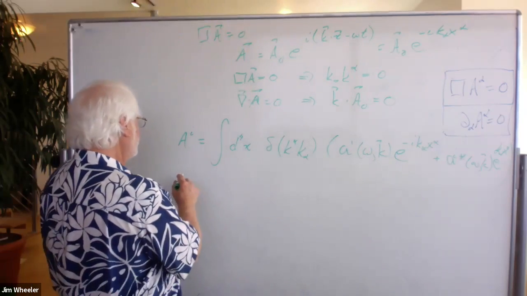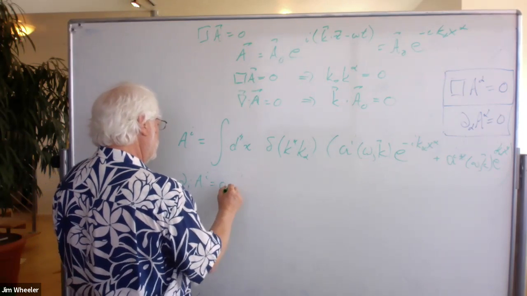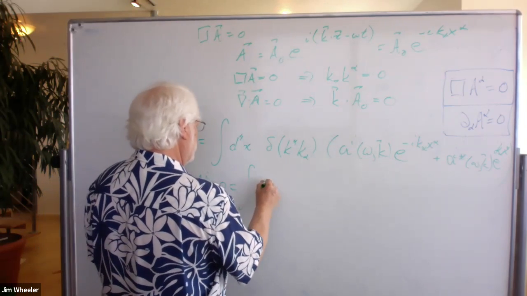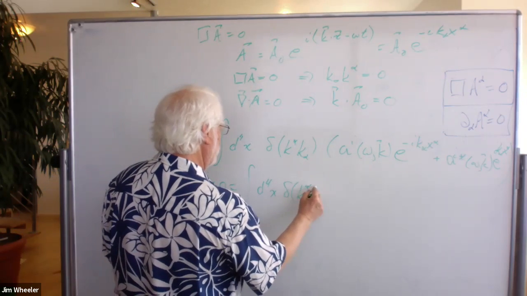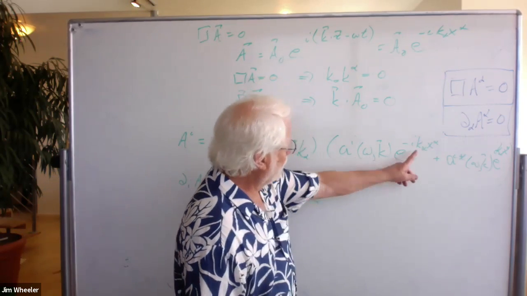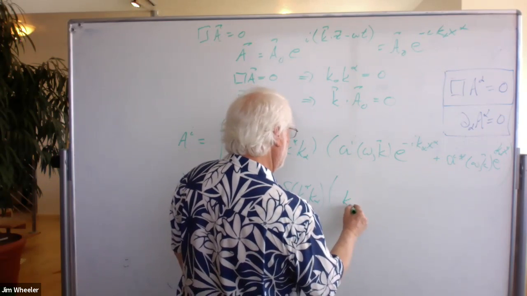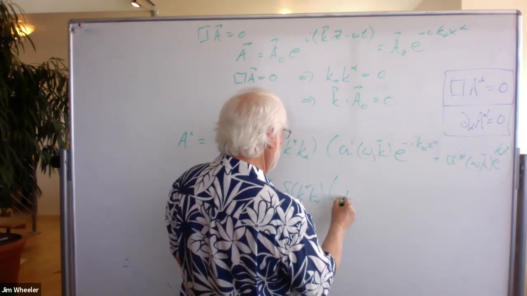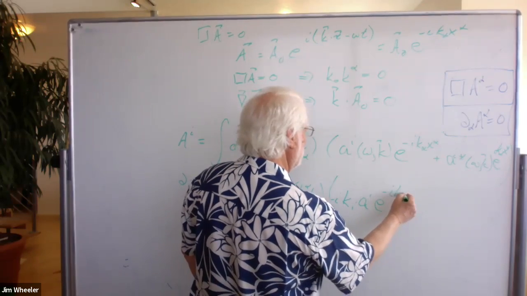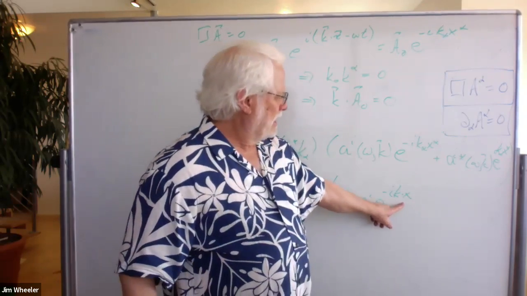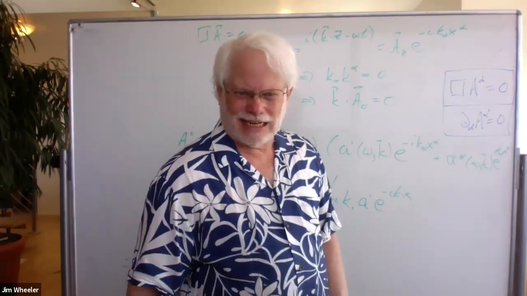And then we need the divergence condition. And what that's going to give us, d4x delta k_alpha, it's going to pull down a k_i in each case here. So we're going to have k_i, well, there's a minus i on that. k_i A_i, minus i k dot x. Increasingly, I'm going to write the 4-dimensional inner product as just k dot x.